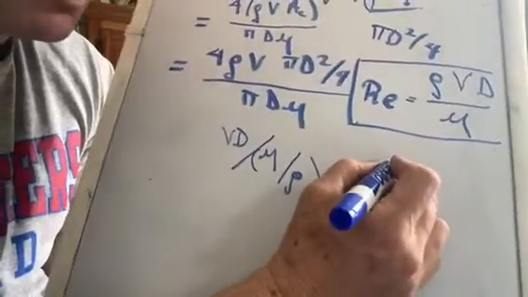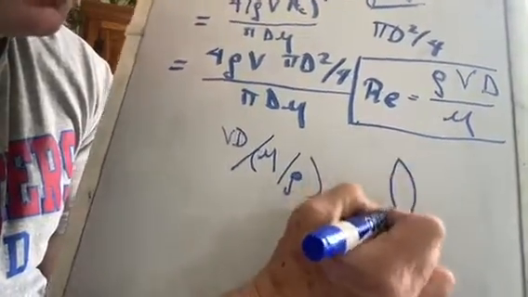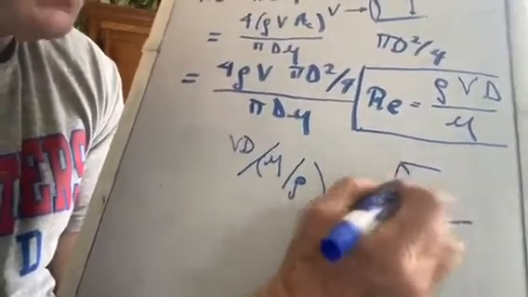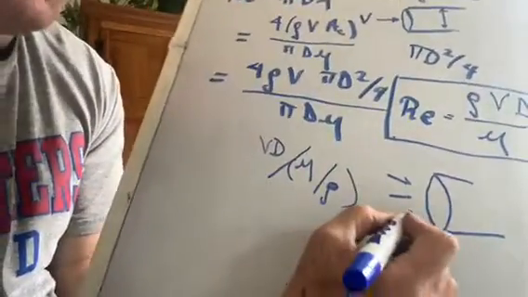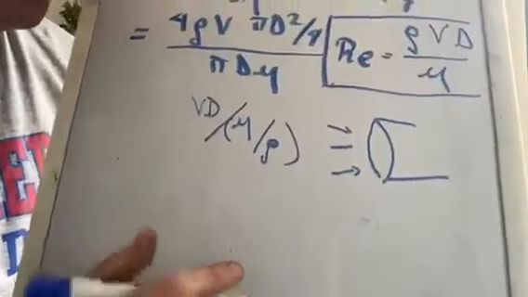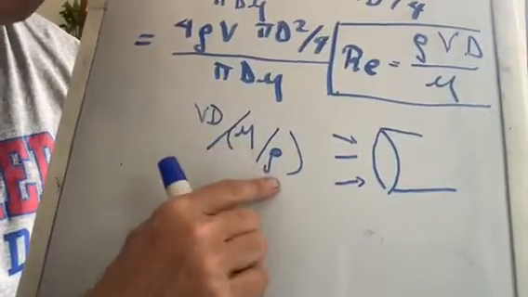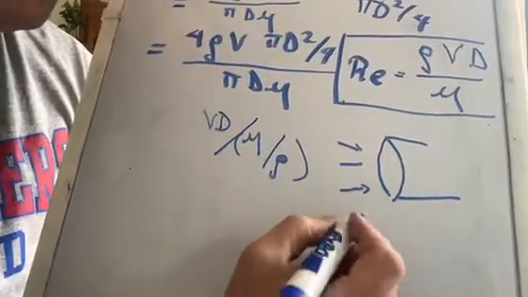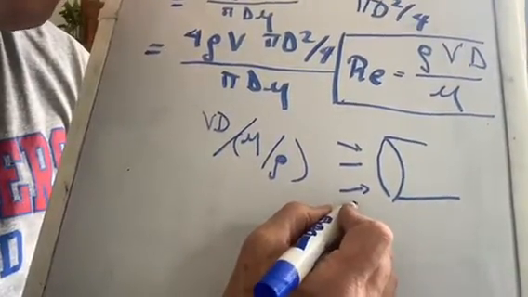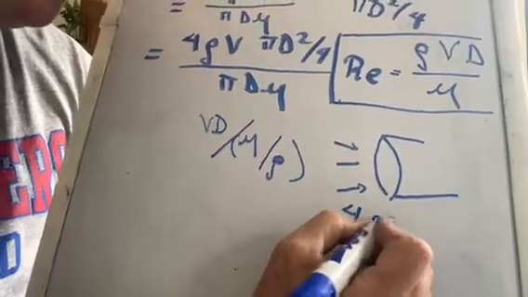So let me just try to describe that for you guys really quickly, okay? What if we had a fluid that's going through a pipe and we wanted it to be laminar? What would we want mu to be like and rho to be like? Okay, given that it was a certain volume flow rate, let's say like we're trying to do 4 gallons per minute, okay?